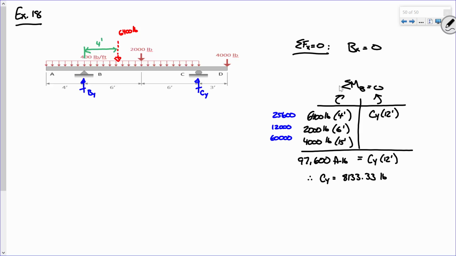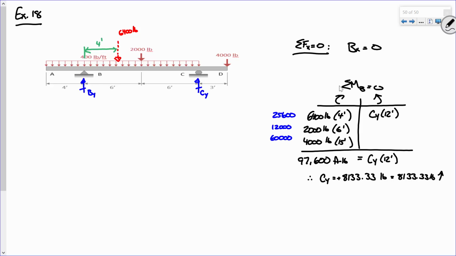Now, when we did all our math, did that come out positive or negative? Positive number, right? So that means that this is 8133.33 pounds acting upwards. In other words, we guessed that it acted upwards, and we got the right answer.